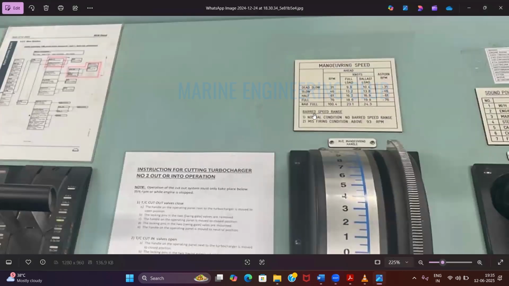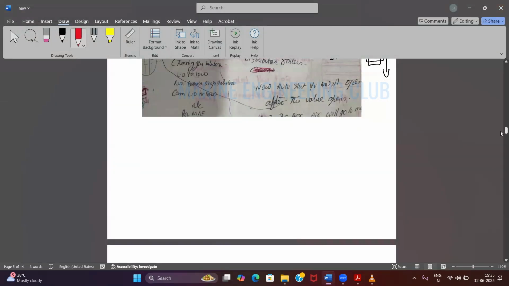You can see over here, normal condition, no barred speed range. Until I cut off one unit, the barred speed range will not come into action. It all depends on the vibration characteristics of the ship and engine. You will understand it if you attend the vibration class. I don't want to deviate right now.